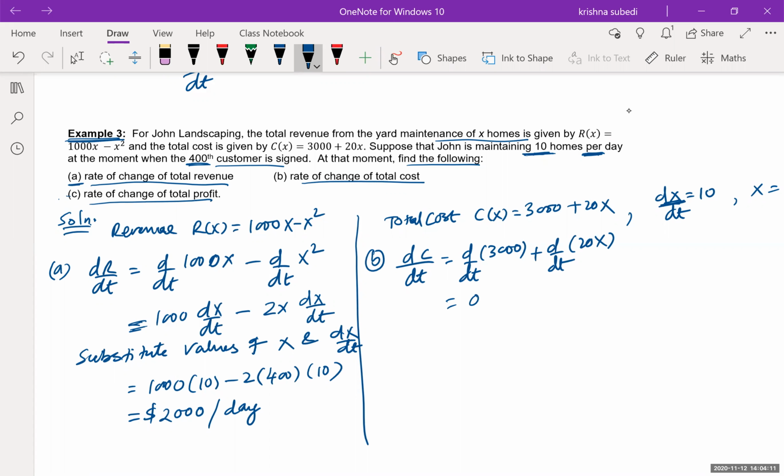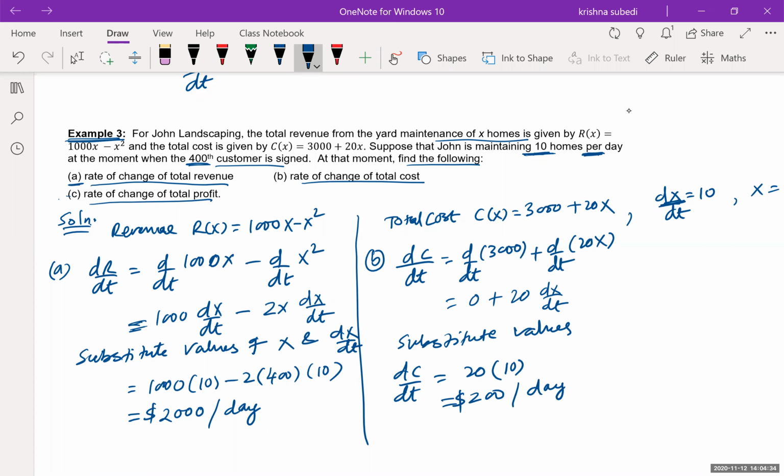So this gives me 0 plus 20 dx over dt. Now substitute the value. So your dc over dt will be 20 times 10, which is $200 per day. So the cost is increasing at the rate of $200 per day.